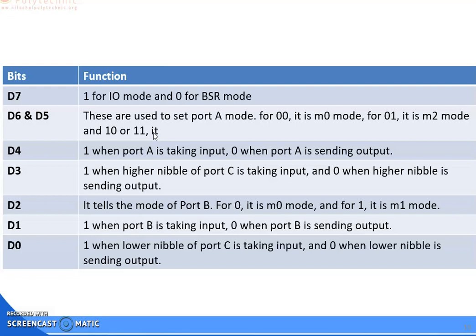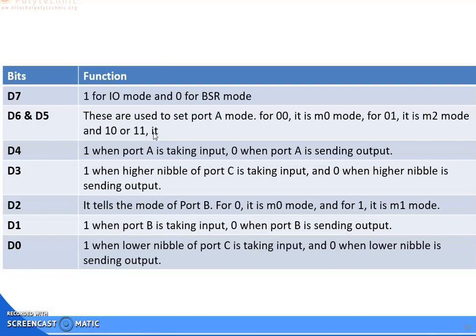Next is D1 bit. The D1 bit is 1 when port B is taking input, and it is 0 when port B is sending output. Next is D0 bit.